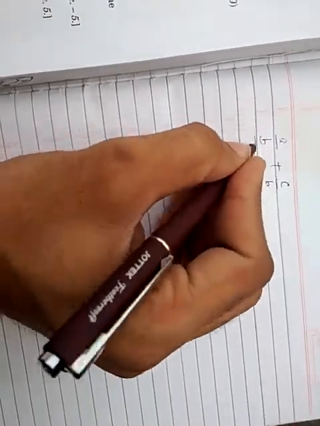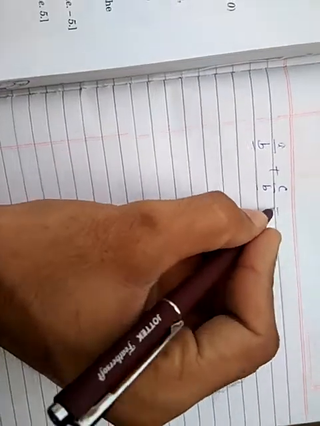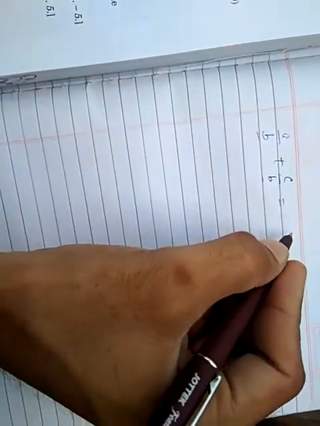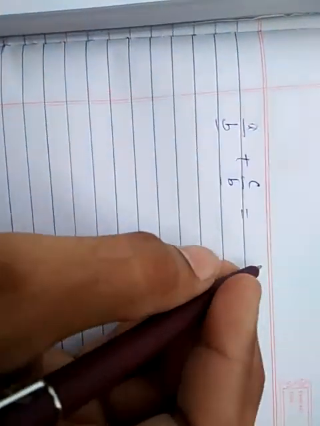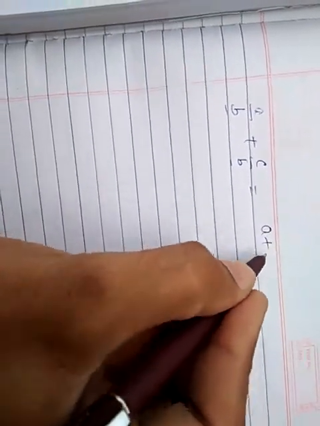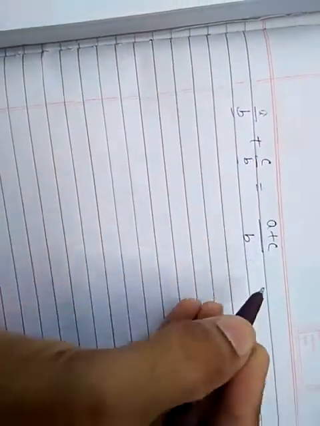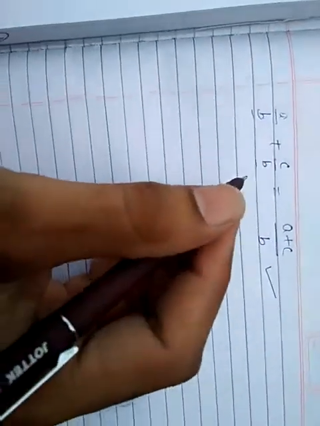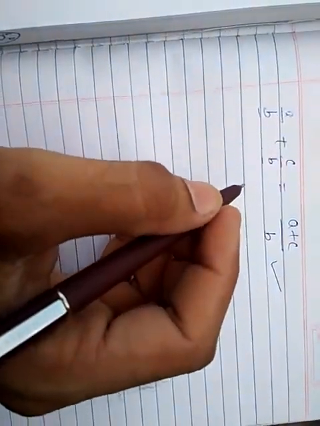The denominators of both rational numbers are same. Then we add just the numerators of these rational numbers: a plus c upon b. This is how we add rational numbers when denominators are same.